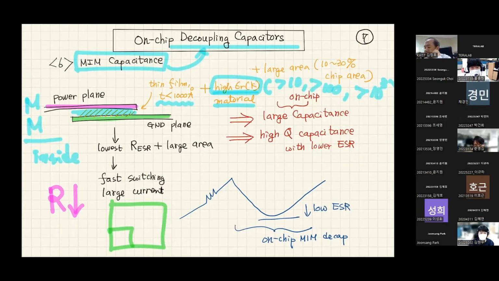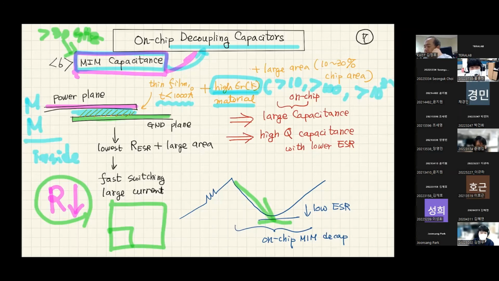Resistance is very small, so we can get very low resistance compared to gate oxide capacitance. So I think this is a very useful decoupling capacitor over 30 gigahertz. At very, very high frequency, if you want to put on-chip decoupling capacitors, I would like to push you very hard to add MIM type on-chip decoupling capacitors.